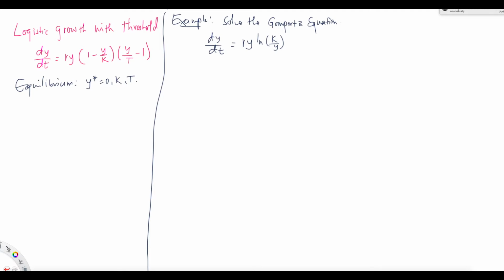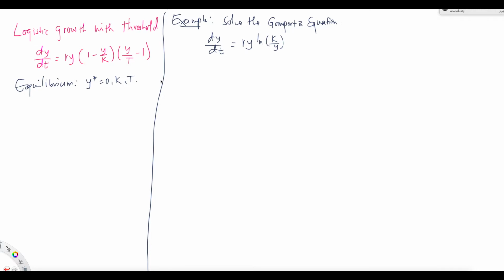But in the threshold model, the population increases if the initial population is above the threshold value, and if the population is below the threshold value, then the population goes to zero. The population goes extinct, right?